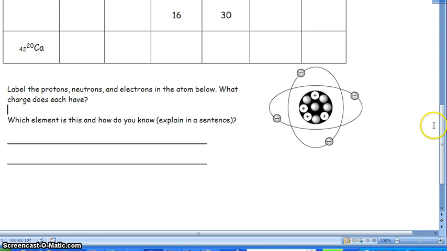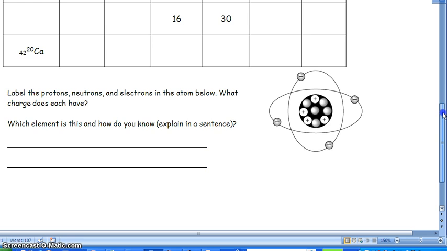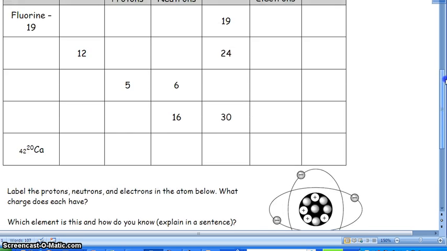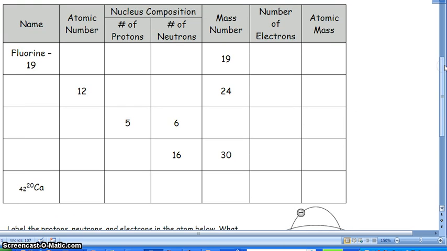The question at the bottom, I want to know what element this is. So be careful, label it first, and that will help you figure out what you're supposed to do. The rest of these questions are like the one we did here, but different. You're starting in different places. All the best.